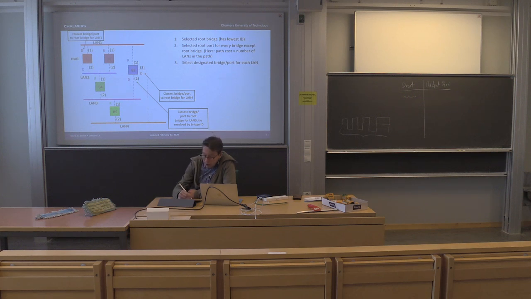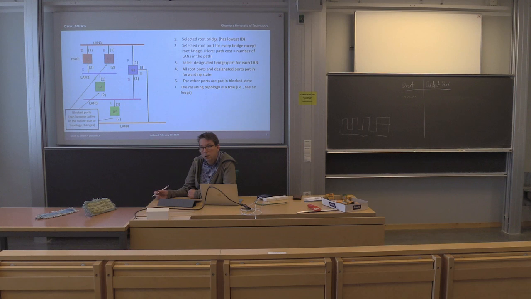So we will enable this one, this one, this one, but not this one. We enable this one, this one, this one, and this, but not this one, and this one, but not this one. Okay, so it's cleaned up like this. And now we have a loop-free topology.